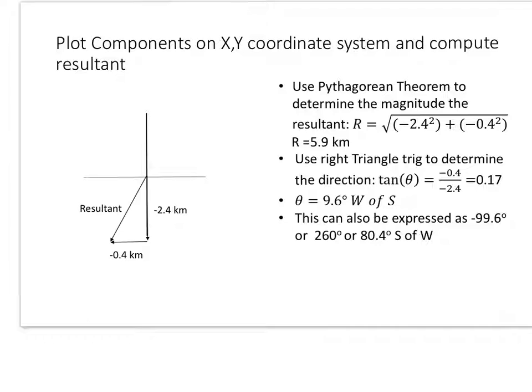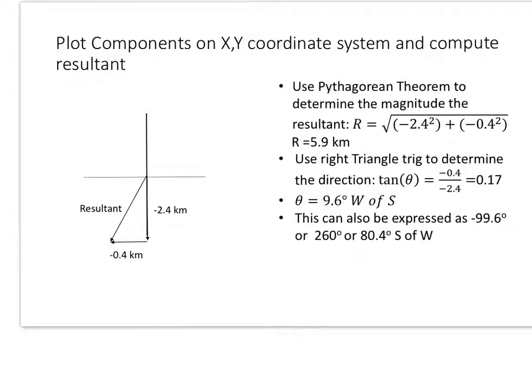Now the final task is to find the direction of the vector. In other words, I want to find out what this angle is over here, how it's acting. For that, I can use the tangent function. Tangent equals opposite over adjacent. So that's going to be negative 0.4 over negative 2.4.